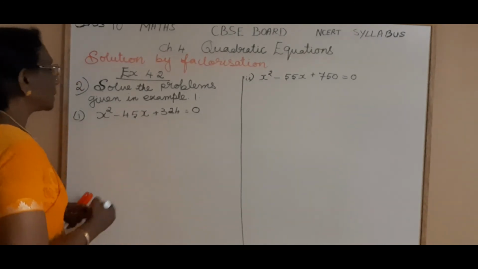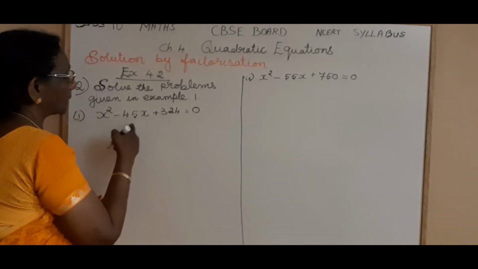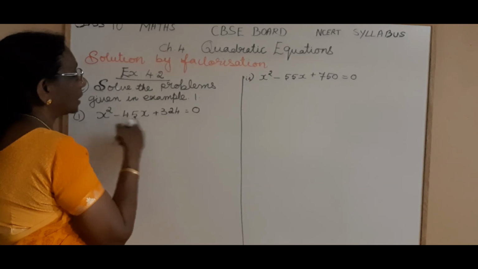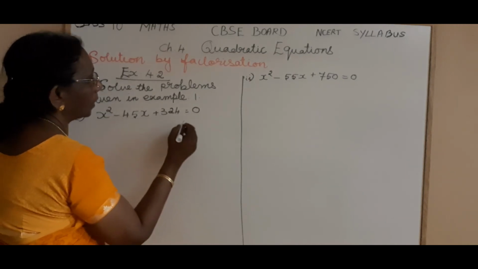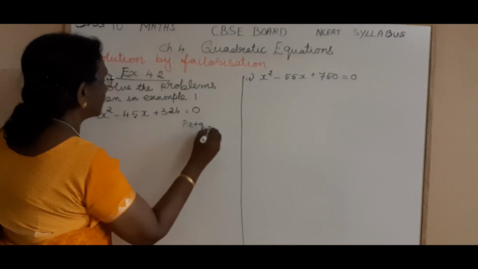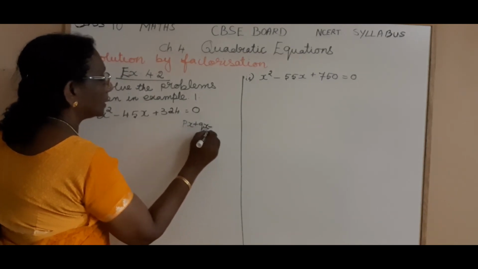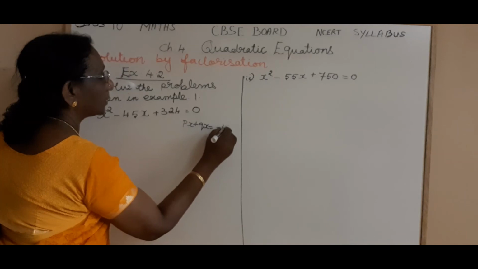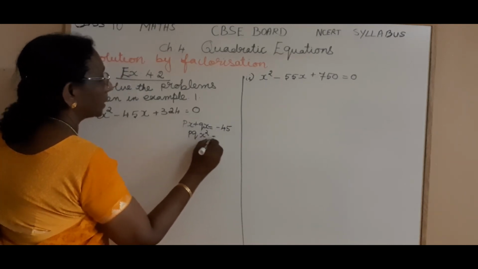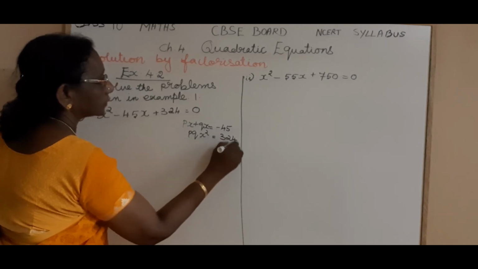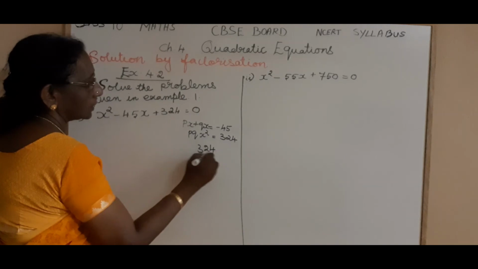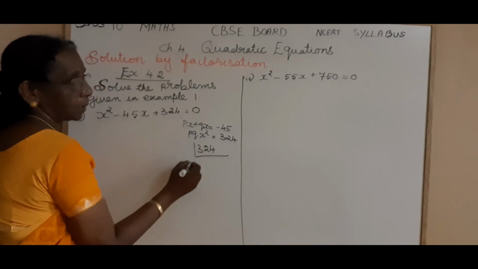Here, what is the middle term? Minus 45, and the product of the first term and the last term is 324. So Px plus Qx is equal to minus 45 and PQ x square is equal to 324. Now you find the prime factors of the number 324.